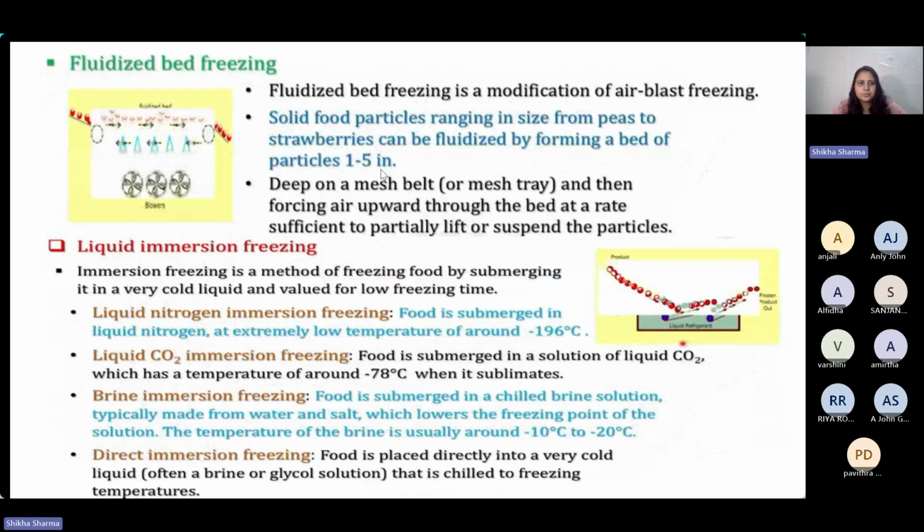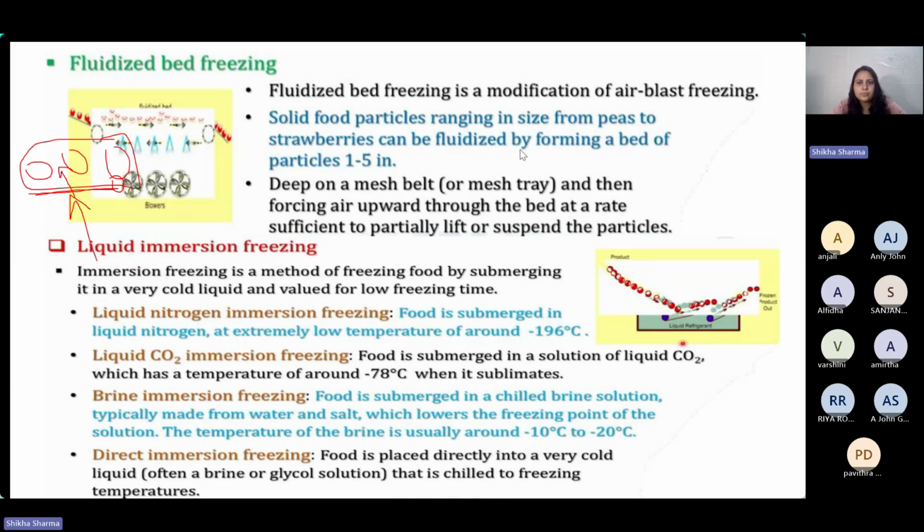Then comes the fluidized bed. In fluidized bed freezing, what happens? There will be the solid food product, which can have different sizes, like peas and strawberries, and at the bottom, cold air will come through a mesh. The air will pass, and based on density, the food will float.